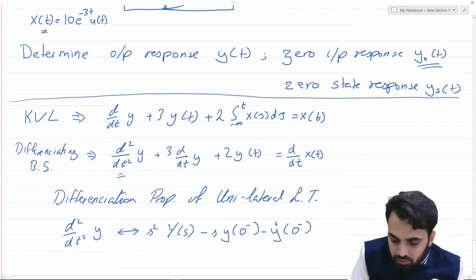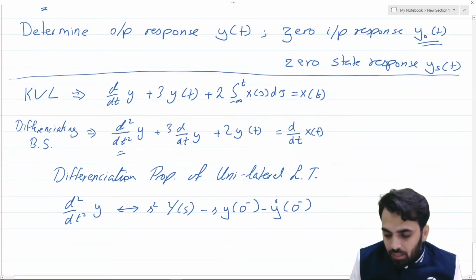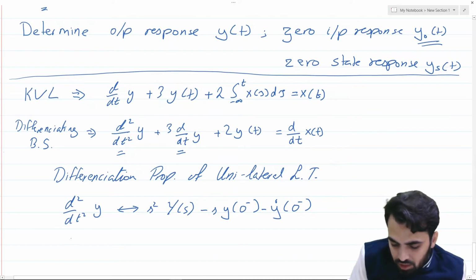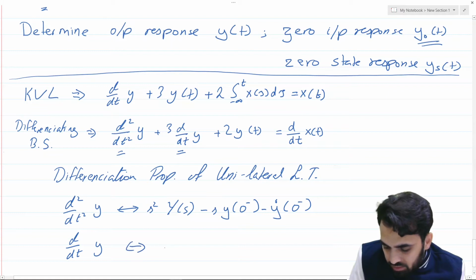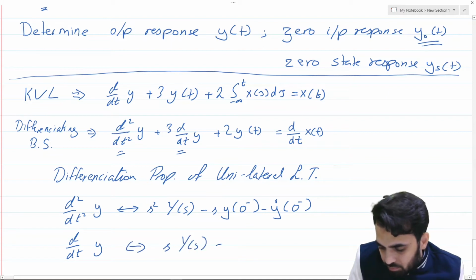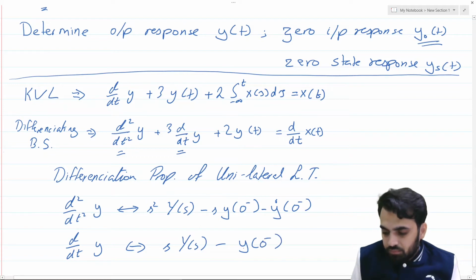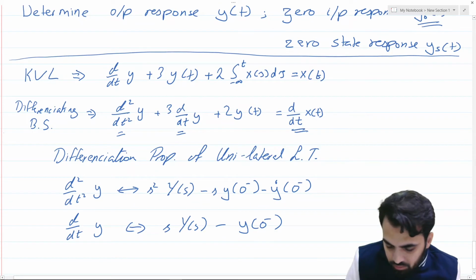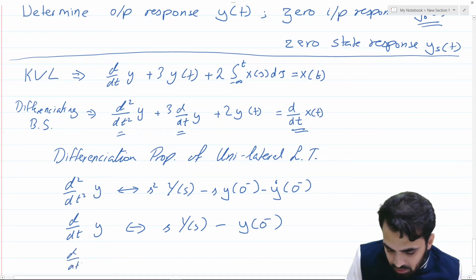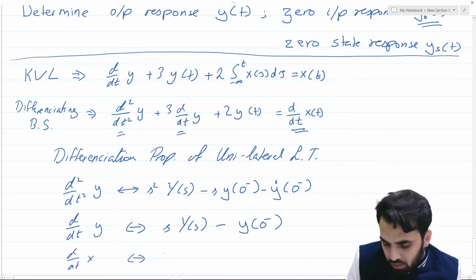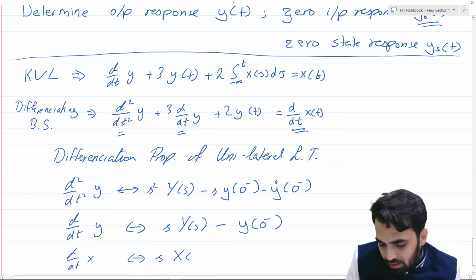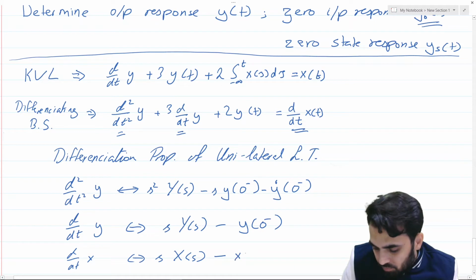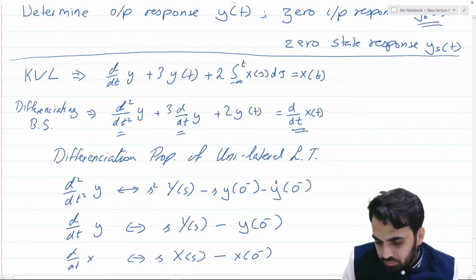So this covers the second differential. Also for the first differential we have simply s y of s minus the initial condition. Now for d by dt x of t, this would have a Laplace transform in terms of s x of s minus the initial condition x of 0 minus.